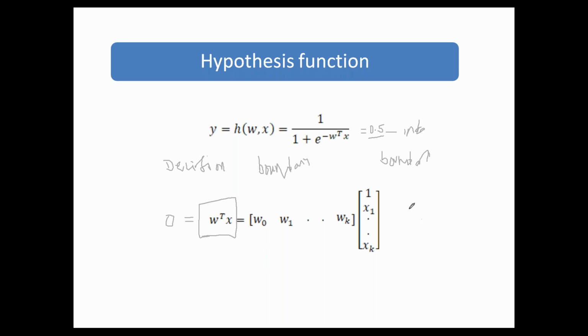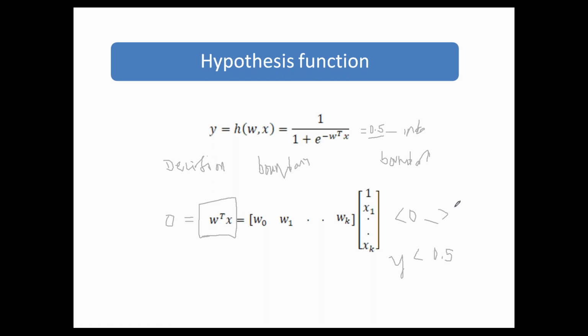Suppose this one is less than 0, what will happen? If this product W transpose X is less than 0, then this e power term will be positive and Y will be less than 0.5. When W transpose X is equal to 0, we are getting output as 0.5. But when it is less than 0, we are getting output less than 0.5.